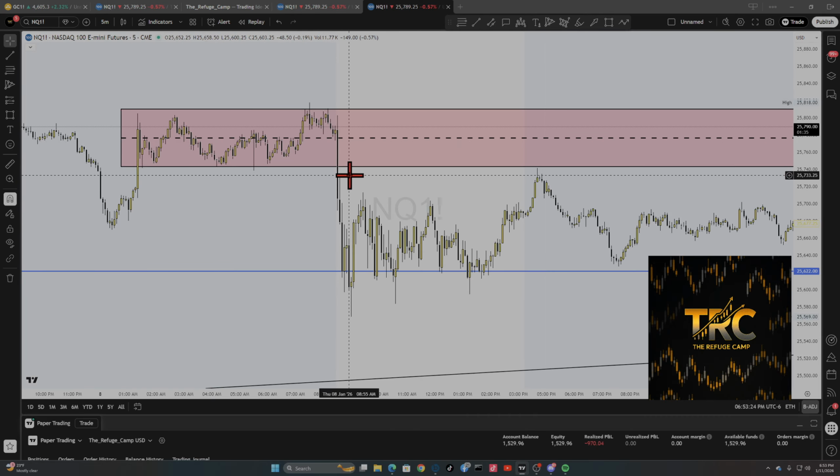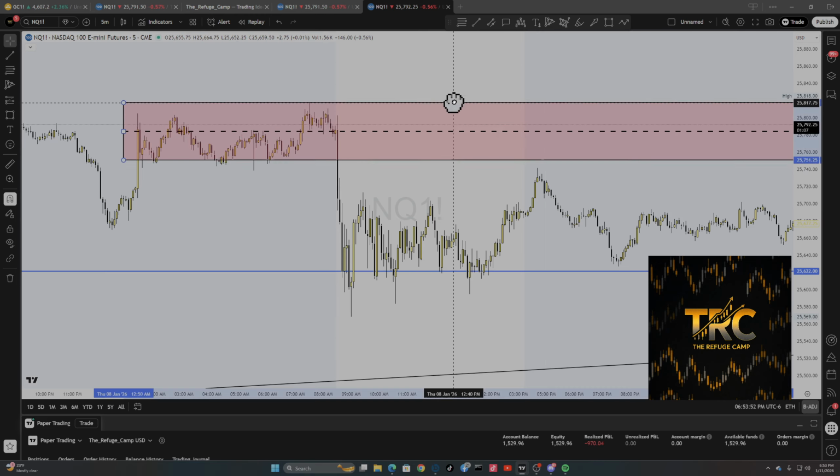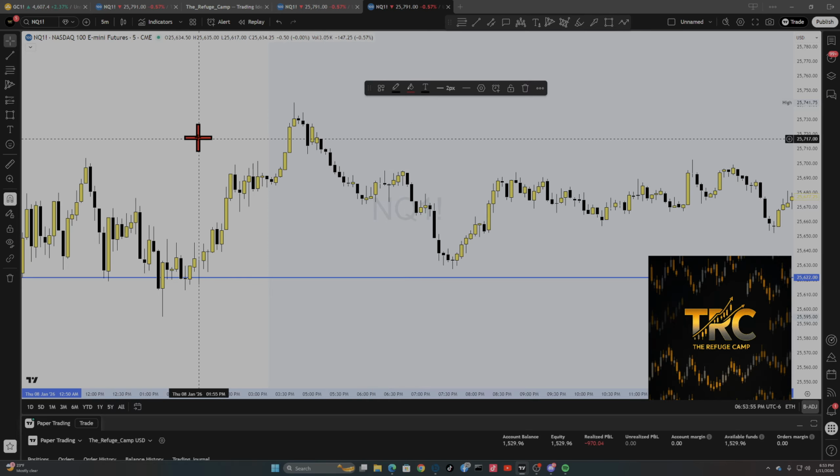Does everybody understand what an imbalance looks like? Let's make sure everybody's on the same page here with that. Can everybody identify an imbalance? No. Okay. So an imbalance takes 3 candles to identify, right? And we're going to move this channel out of the way for right now.